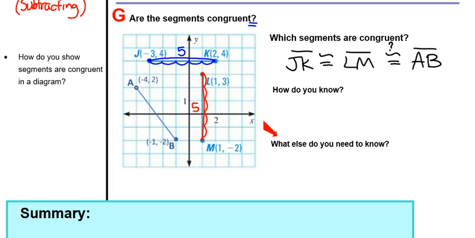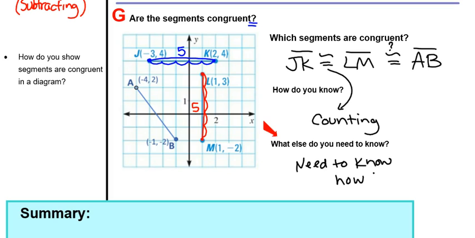For the first two, how do we know that? We use just simply counting from left to right or top to bottom. What else do you need to know? Well, to find AB, we need to know how to do the diagonal lines.